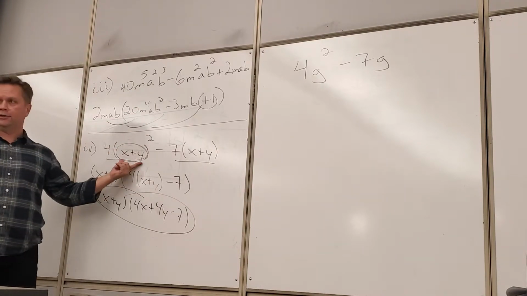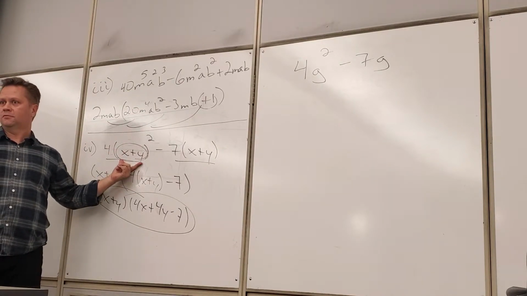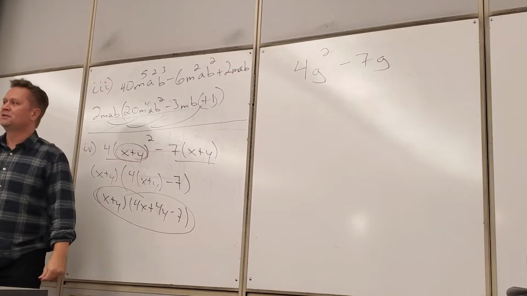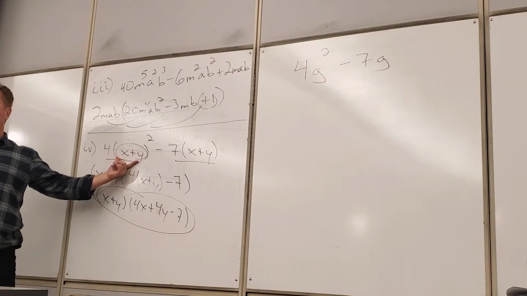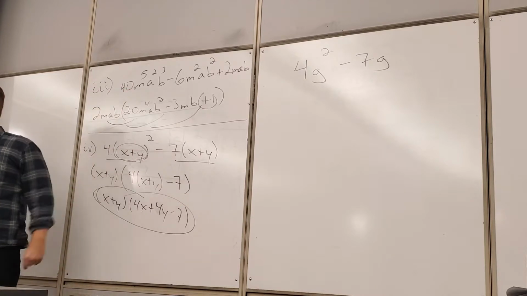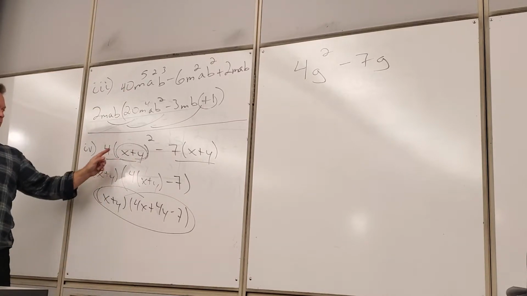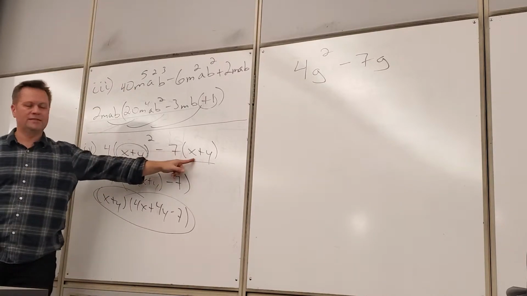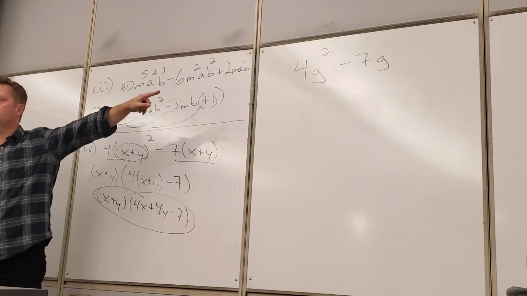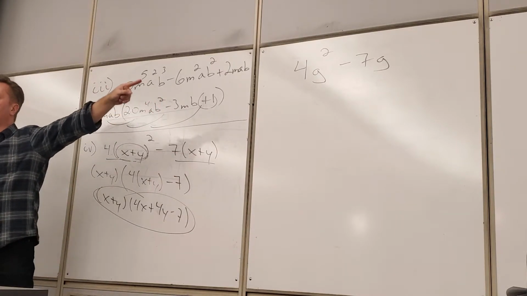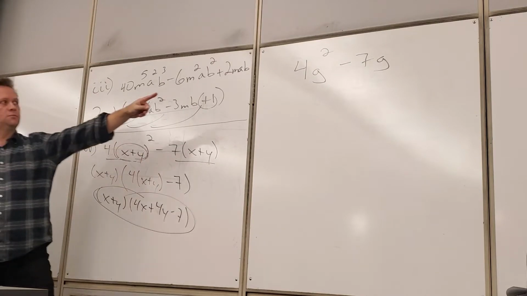What's x plus y? We don't have a clue what x plus y is, so I can call it g if I want to. Doesn't it say 4 times something I don't know squared minus 7 times that thing? Doesn't that say the exact same thing? So however that works, this should work the same way. So this is much easier, isn't it?